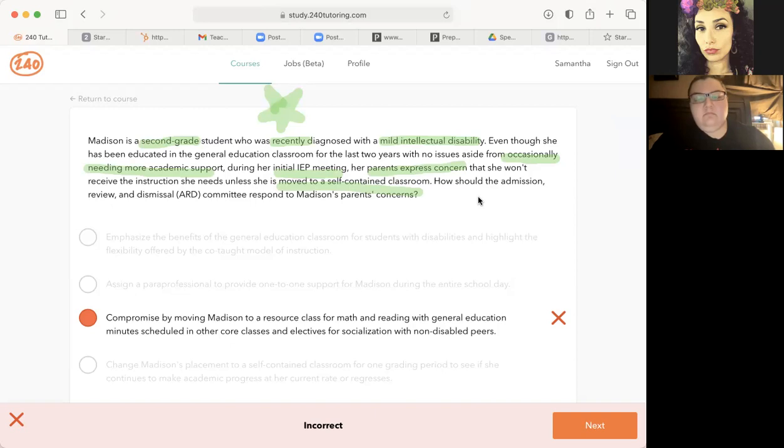She doesn't even need it all the time, and we want to put her in self-contained, which I think is limiting to her socially, in all of the different areas of development that we want our special ed students to achieve.